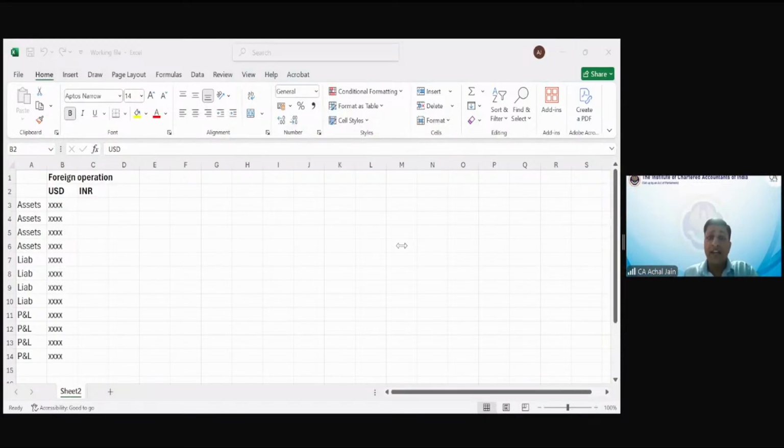That rule you need to remember. Now, what we are going to do is convert all of these assets and all of these liabilities using the closing rate.